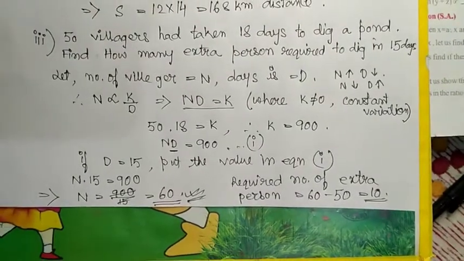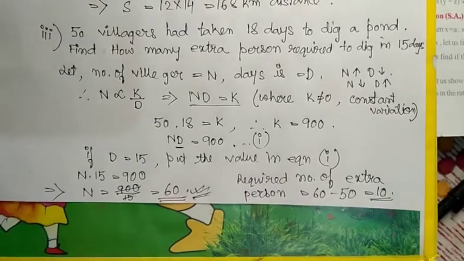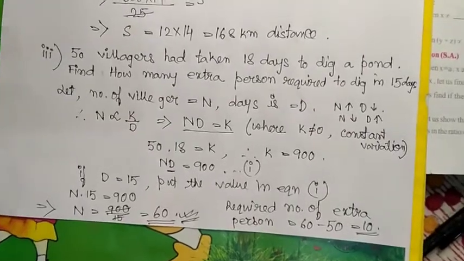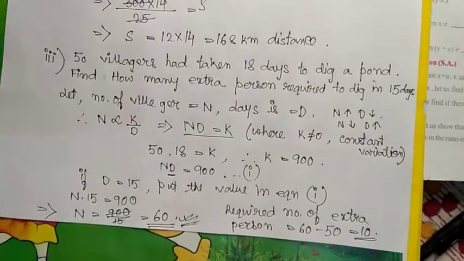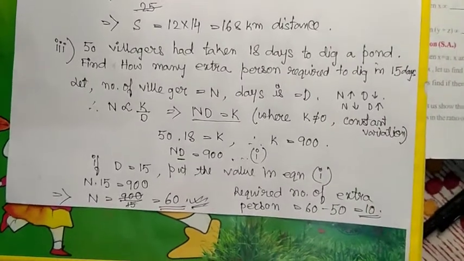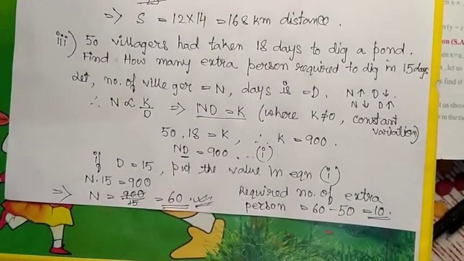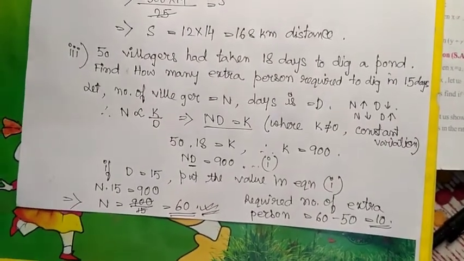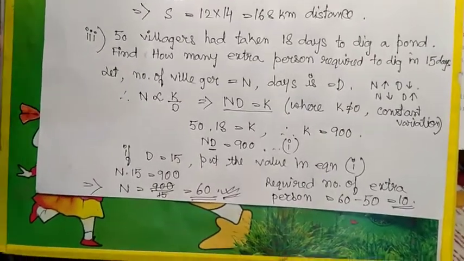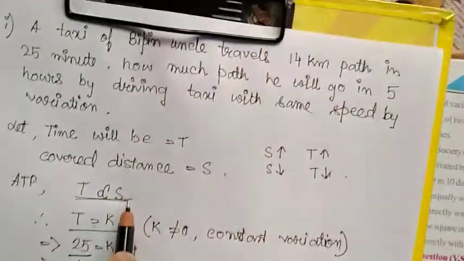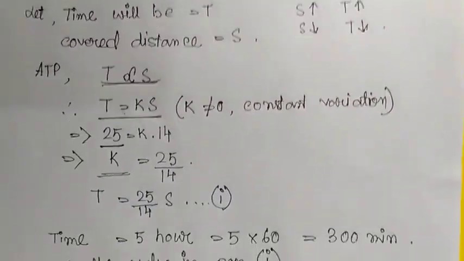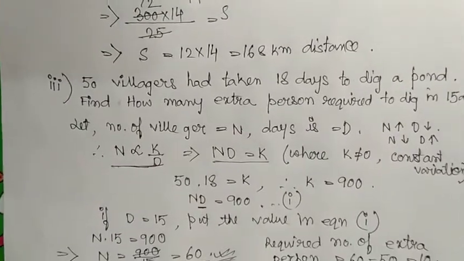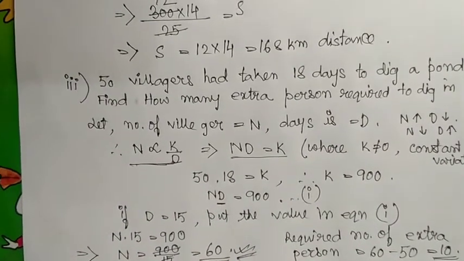Okay, now 3 part 1 and 3 part 3 are completed. This is a new chapter. First of all, my suggestion is that you have to find out what is the variation. I mean, is it inverse or is it simple? After that, you have to write this equation in this formation, simple or inverse. And after that, you have to find out the value of k. The value of k is very important here.